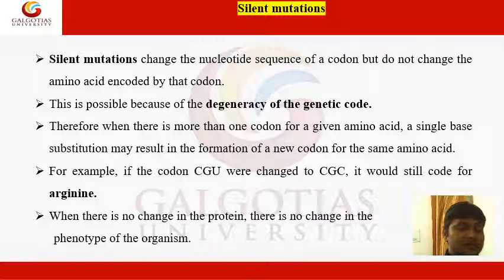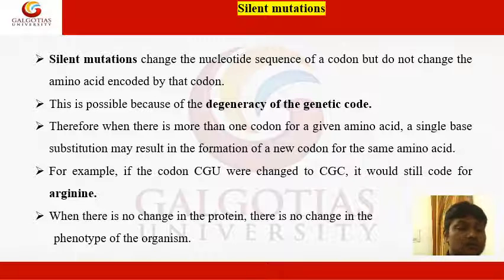Now the silent mutations. These change the nucleotide sequence of the codon but do not change the amino acid encoded by the codon. This is possible because of the degeneracy of the genetic code.